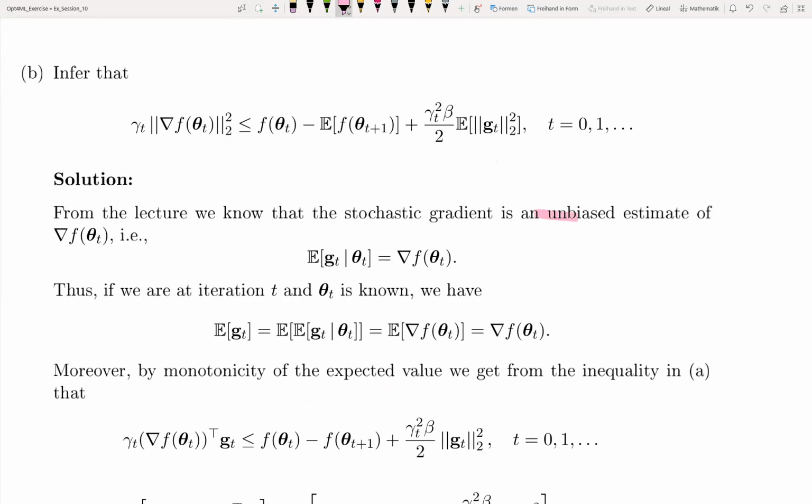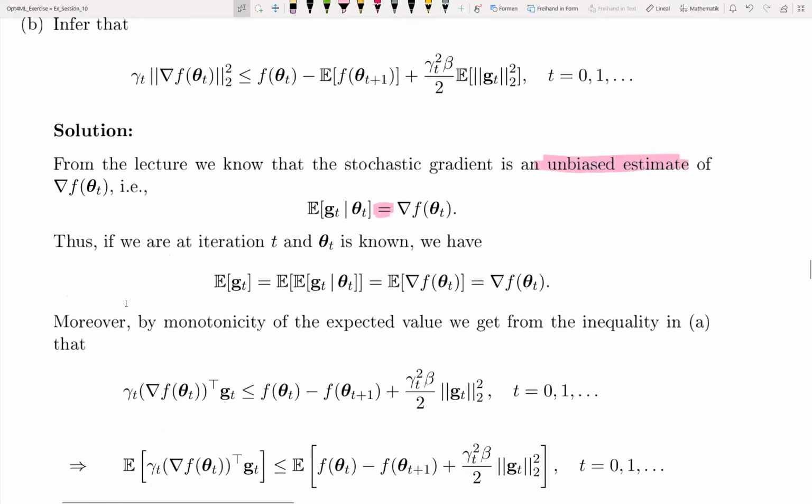Yeah? So unbiased estimate means here expected value of GT conditioned on that we know that we are currently at iteration theta t is exactly the full gradient evaluated at theta t. So what can we say about the full expected value?